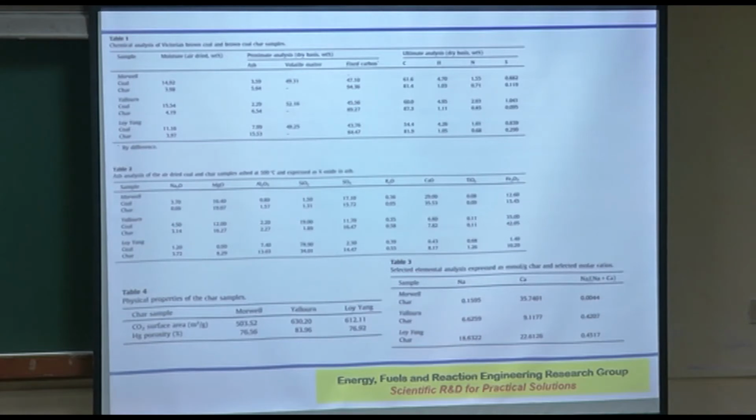So it's important to realize that these chars from our coals can be very, very porous. That has important implications for gasification. What she didn't do is look at the size of the pores. That can also be done by pore size distribution, because some of the pores may be much larger than the CO2 molecule, which is about 3.33 angstrom, or much larger than the steam molecule, which I forgot whatever it is.